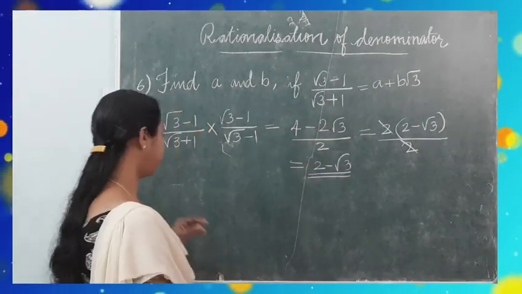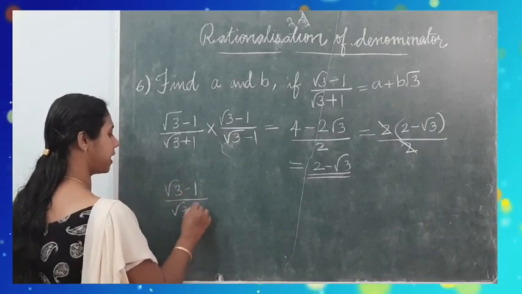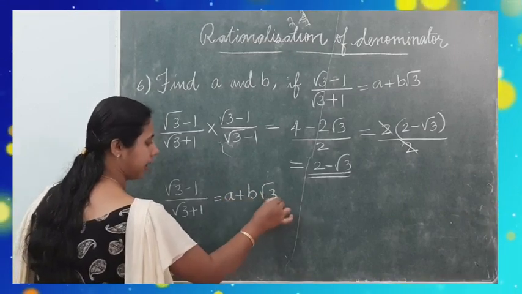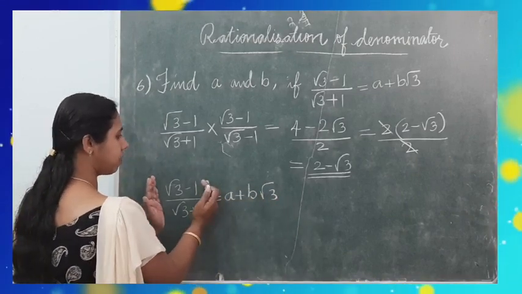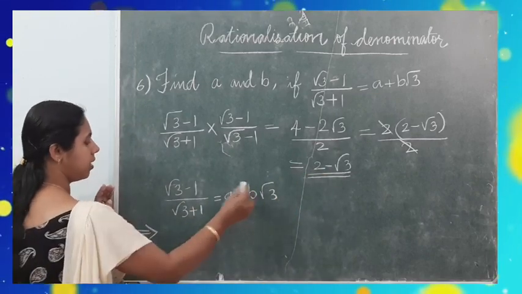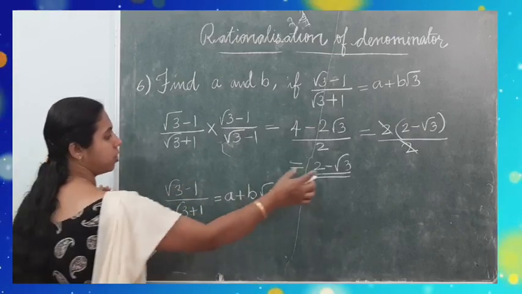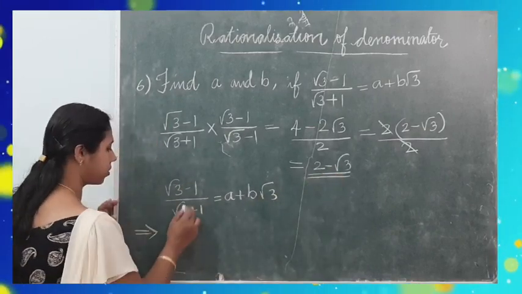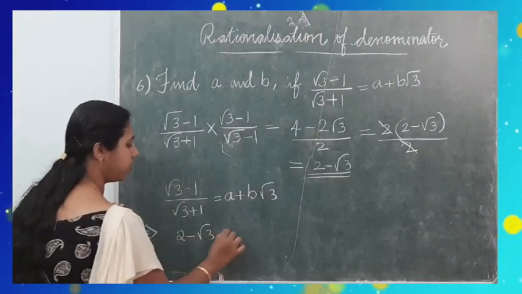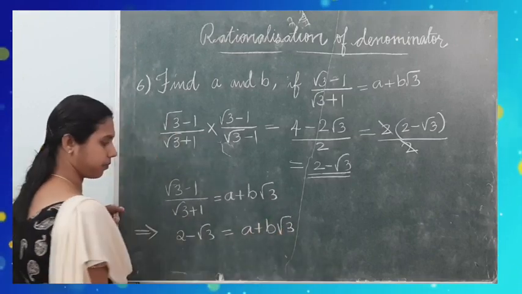And it's given for you root 3 minus 1 by root 3 plus 1 is equal to a plus b root 3. We know this is equal to which one? 2 minus root 3. That implies this rationalization of this number will be equal to 2 minus root 3. So we can substitute this is equal to 2 minus root 3, which is equal to a plus b root 3.